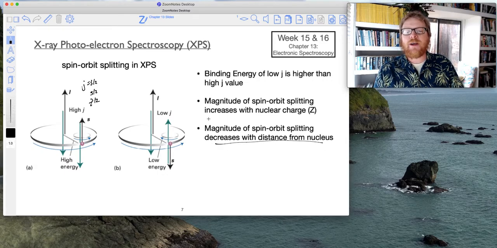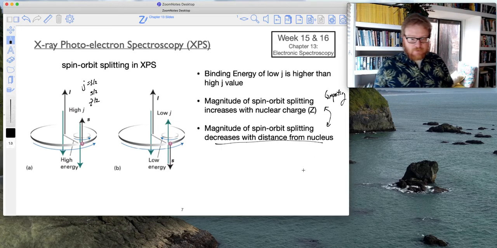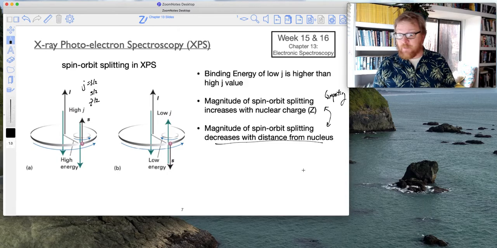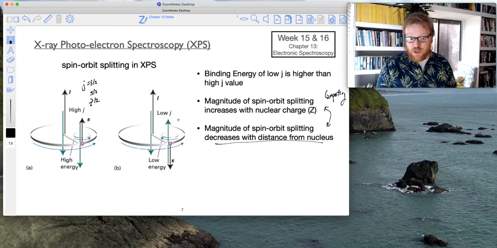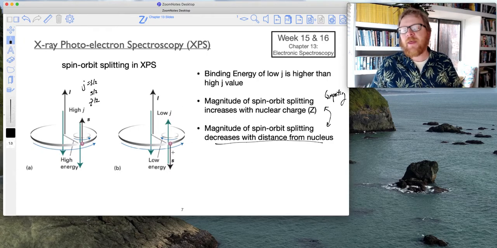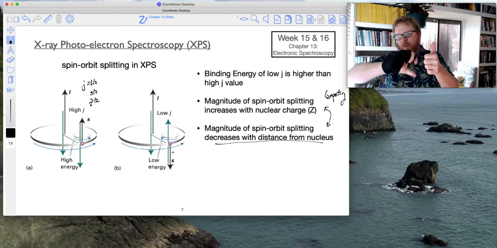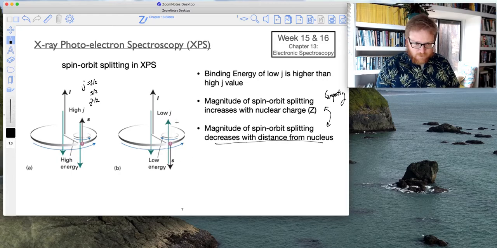So there are two competing effects going on here. Technically, the larger the charge is, the more this effect is going to be displayed. The larger that charge is, the tighter that electron can be bound, and thus when you flip it spin up or spin down, the spin-orbit splitting effect is really amplified.